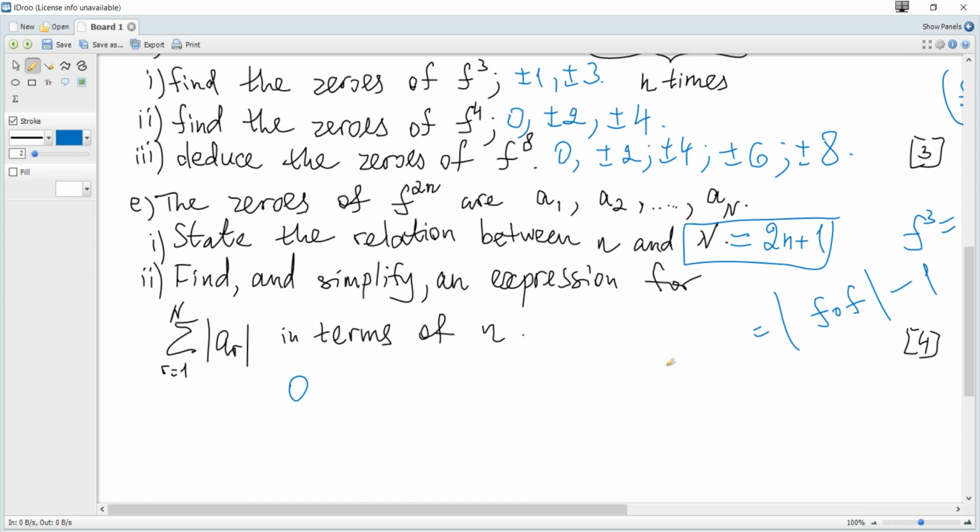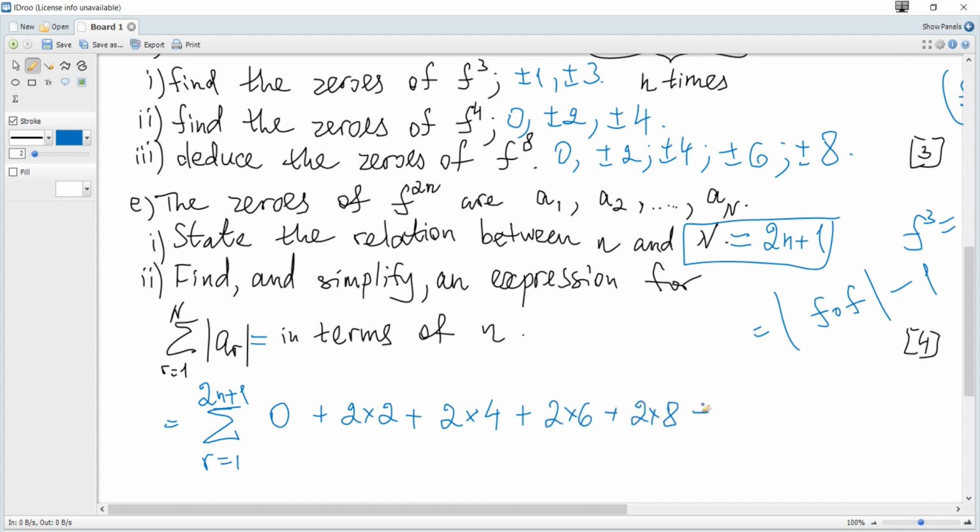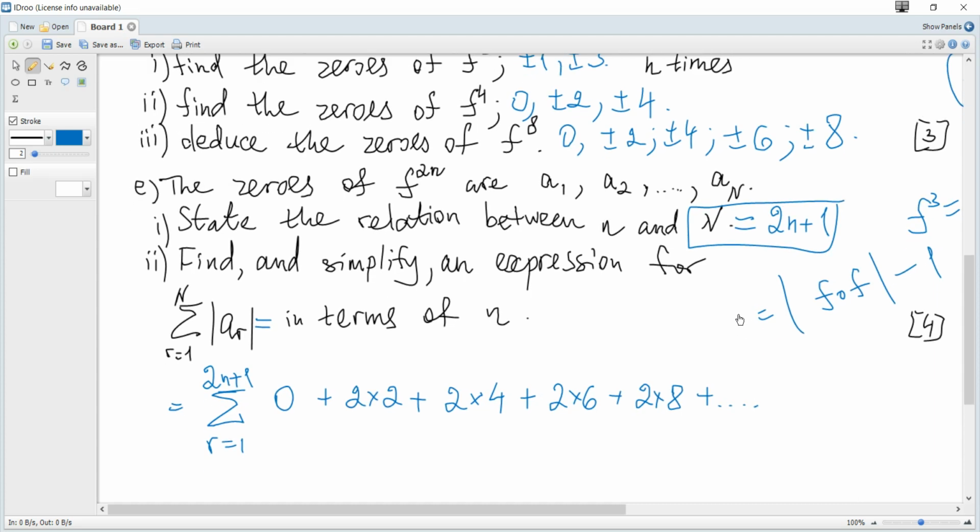And hence we can write that this sum is equal to this sum from 1 to 2n plus 1, because capital N is 2n plus 1, and it will be 0 plus 2 times 2 plus 2 times 4 plus 2 times 6 plus 2 times 8 and so on.